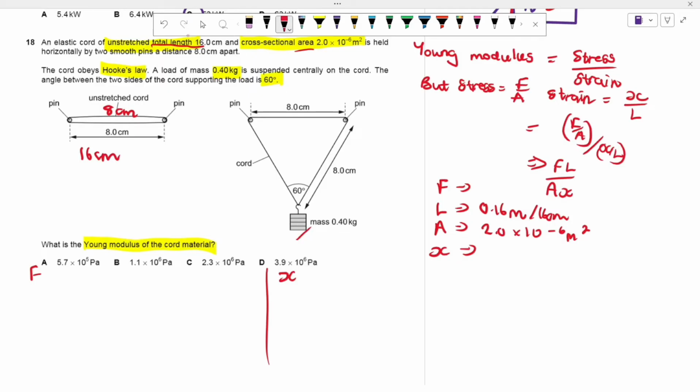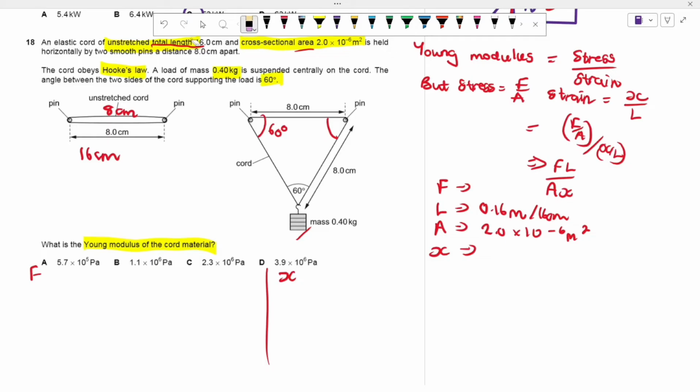It was supposed to be 16 centimeters, but there's 8 here, there's 8 here, and there's a whole length here which hasn't been accounted for, right? And since I have 60 degrees here, and 8 and 8, there's also going to be 60 degrees here, and 60 degrees here. So it's an equilateral triangle that we have formed. Two similar sides, an angle of 60, that has to be an equilateral triangle, okay?